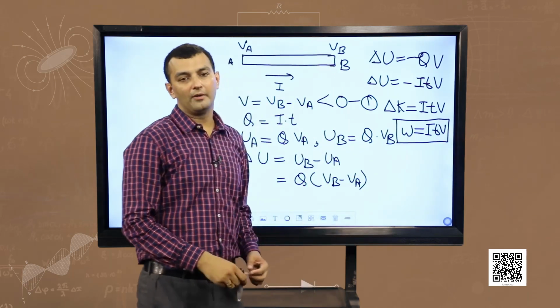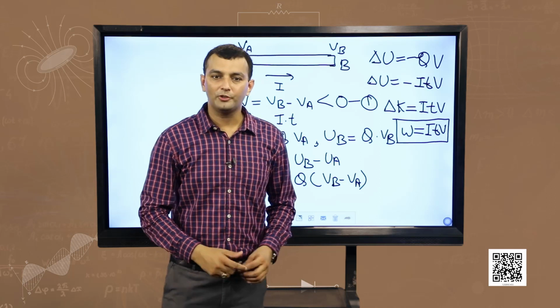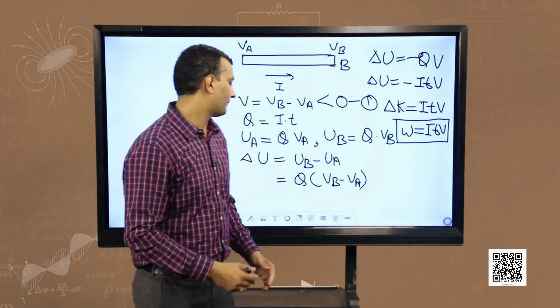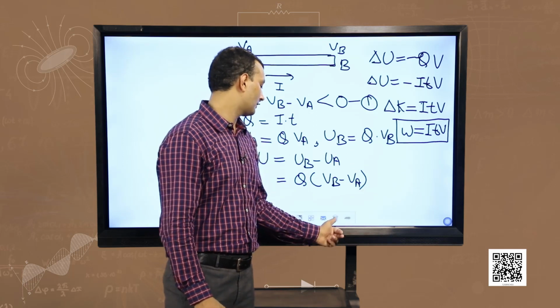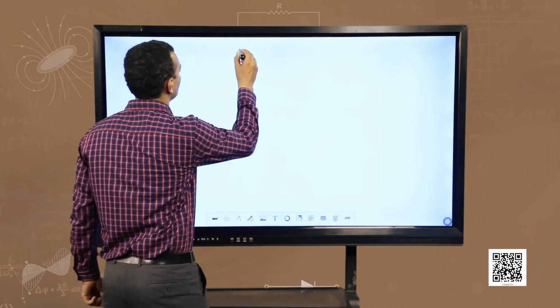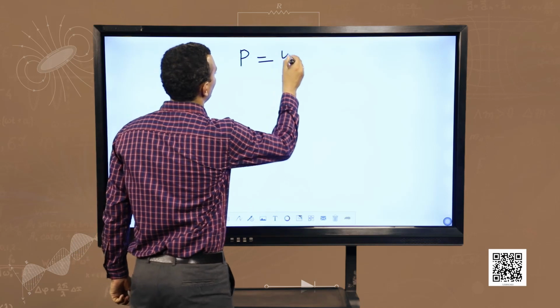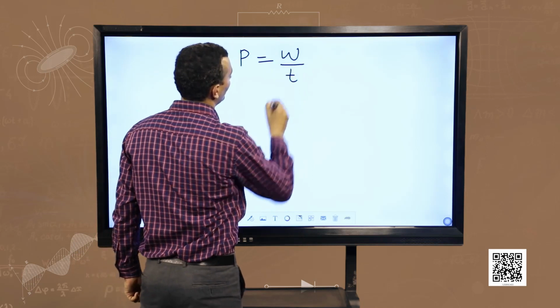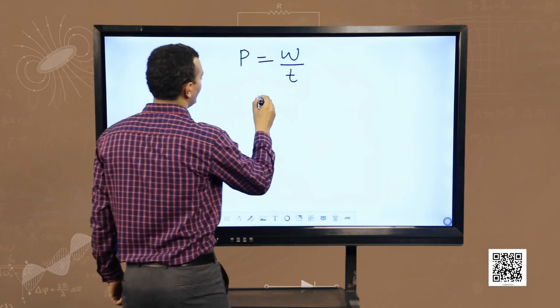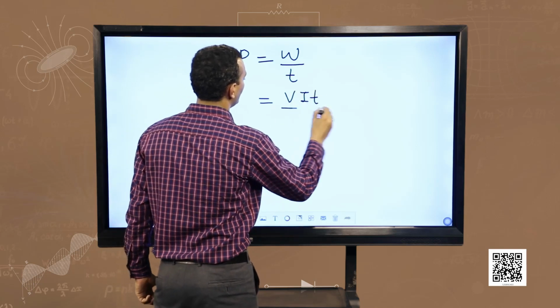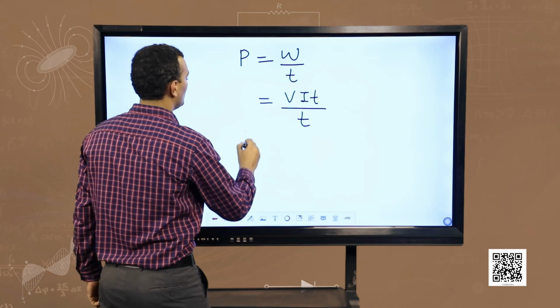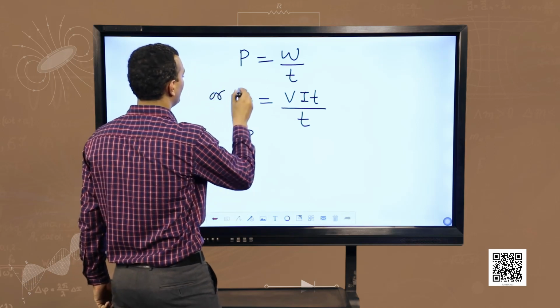As we know, power is the energy lost per unit time. So let us proceed with this equation. Power equals energy per unit time, or the work done per unit time. With that, we get VIT divided by T.